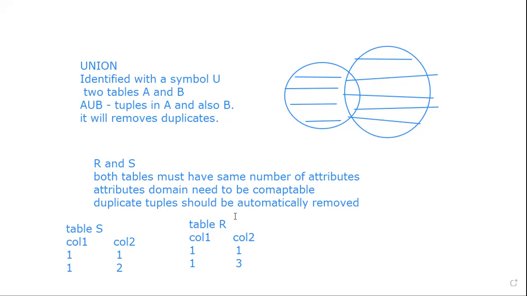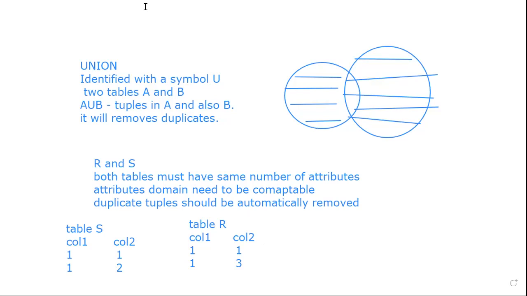Second, attribute domains need to be compatible. When you take column 1 and column 2 of S, the values are compatible. In the same way, column 2 in S and column 2 in R can also be compatible.